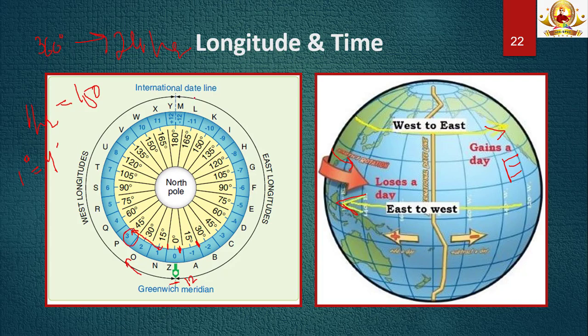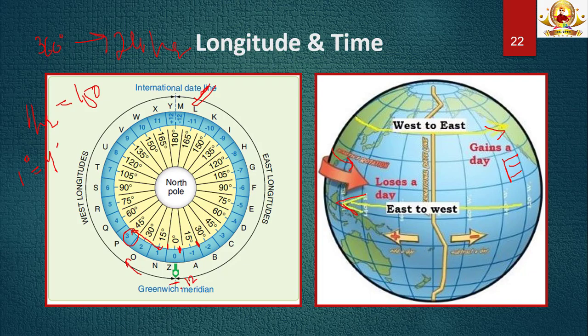Now, what is the international dateline? The international dateline is the 180-degree meridian. Why? Because if we move from here towards east, we will gain a day, because as you cross 180 degrees, it will be another day. The time has completed. 180 degrees means 12 hours complete. One ahead.